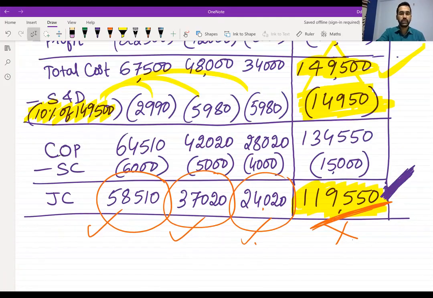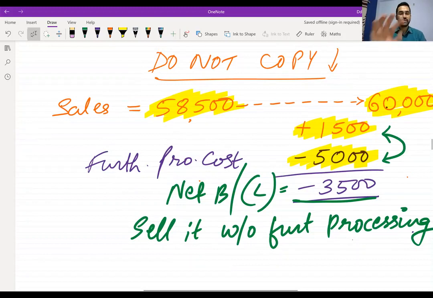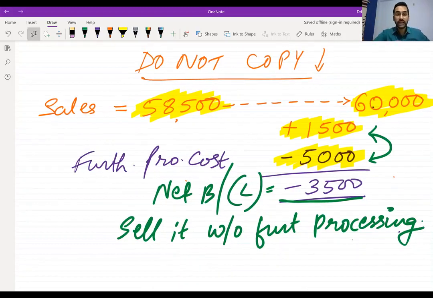This 14,950, because it is distributed in a particular ratio, is an indication that it is not incurred for A, X, Y separately. Correct? Suppose instead of taking the total and then distributing, the question had given that we are spending 3,000 selling cost for A, 2,000 for X, 1,000 for Y, then I would definitely consider that selling and distribution expense also.